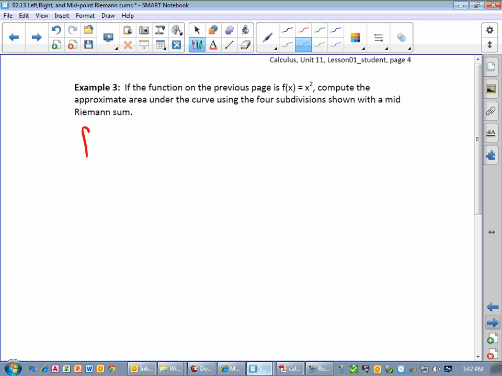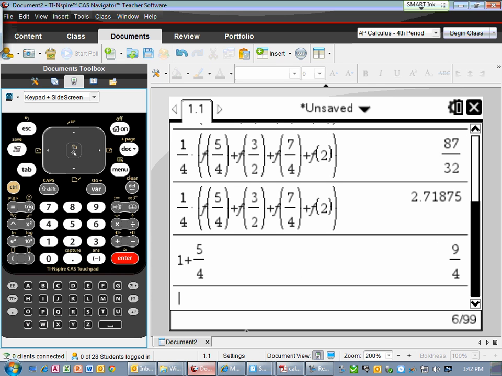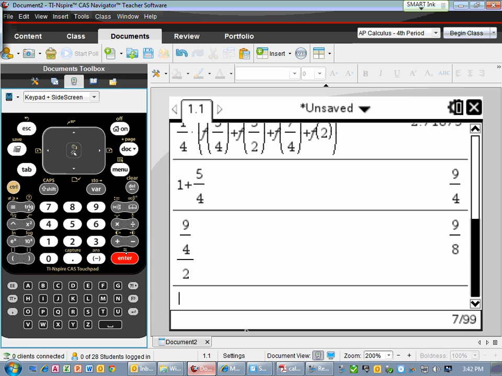So the integral from 1 to 2 of x squared dx is approximately 1/4 times the sum. Now this time again, let's think about this for a second. When in doubt, you can use the calculator to do some of these fractions. So we want 1 plus 5/4, which is 9/4. Divide that in half, and we get 9/8.